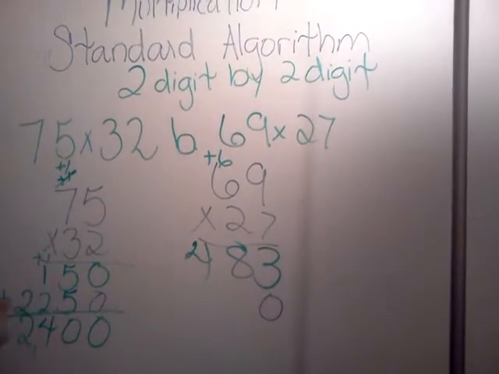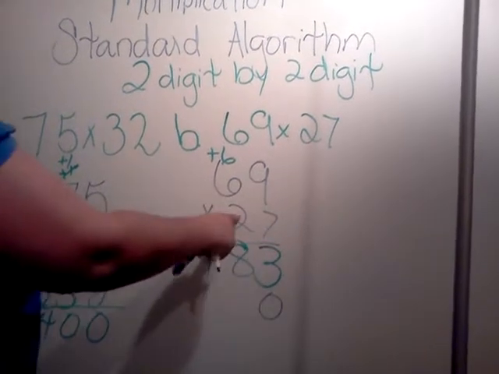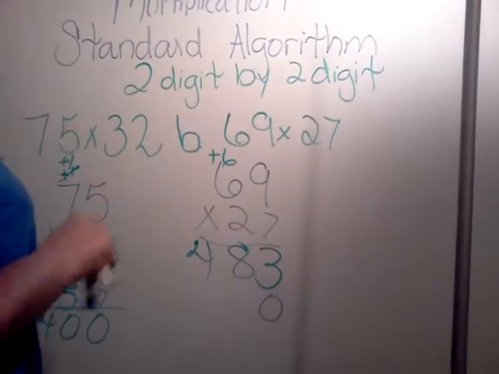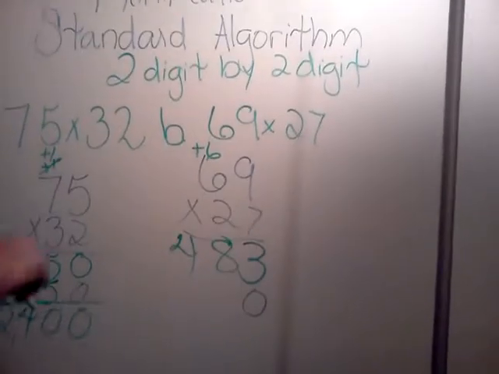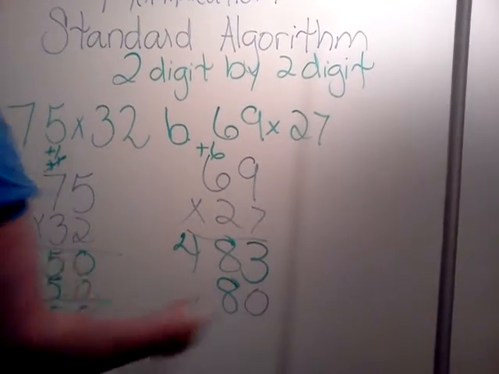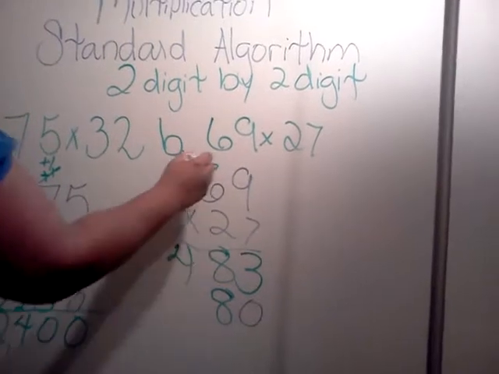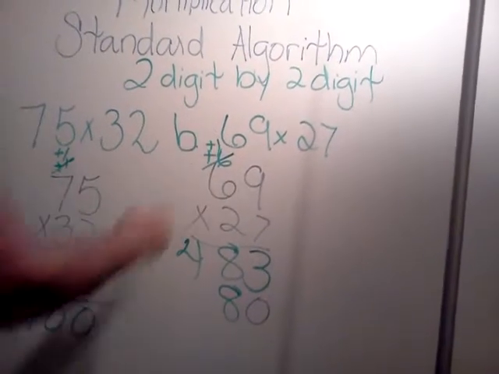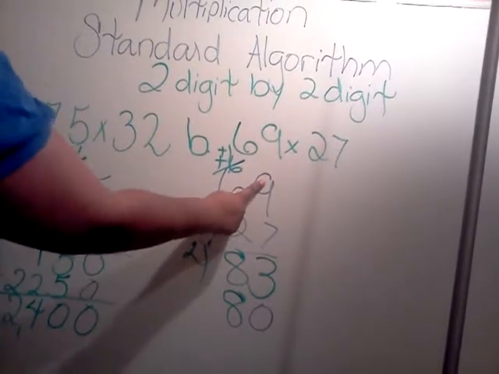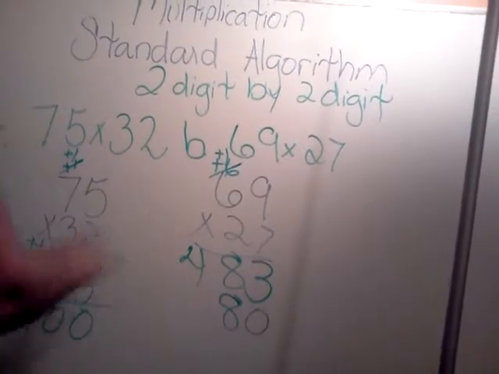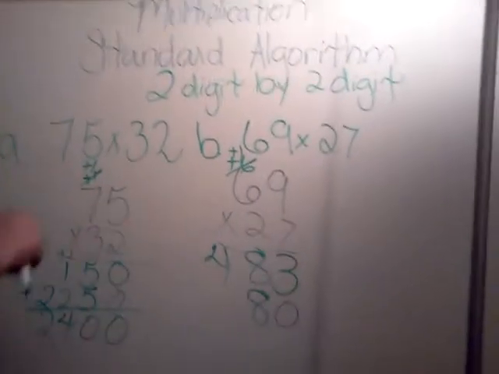What two numbers are we multiplying together first? 2 and 9. What's the product of 2 and 9? 18. How do we write it? We put our 8 in the tens place, regroup our 1 to the tens place. We just multiplied tens times the ones. Now we're going to multiply tens times tens.